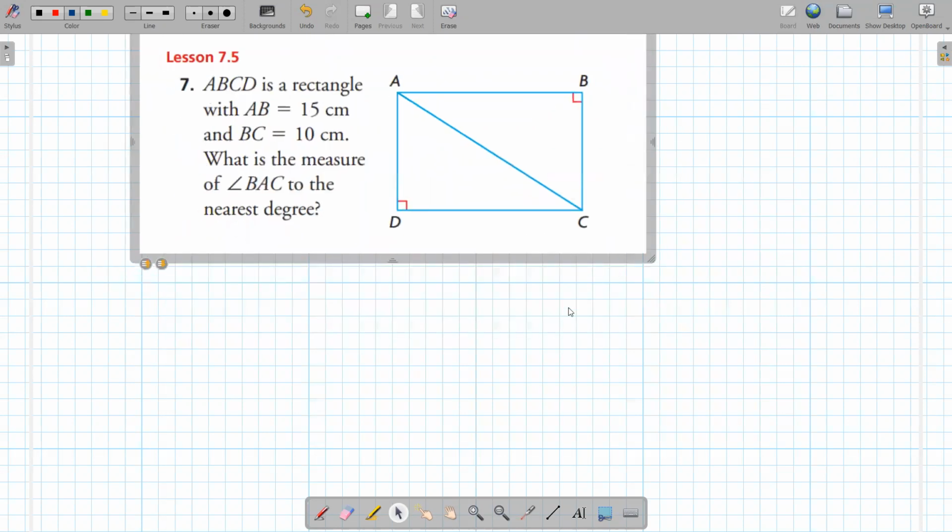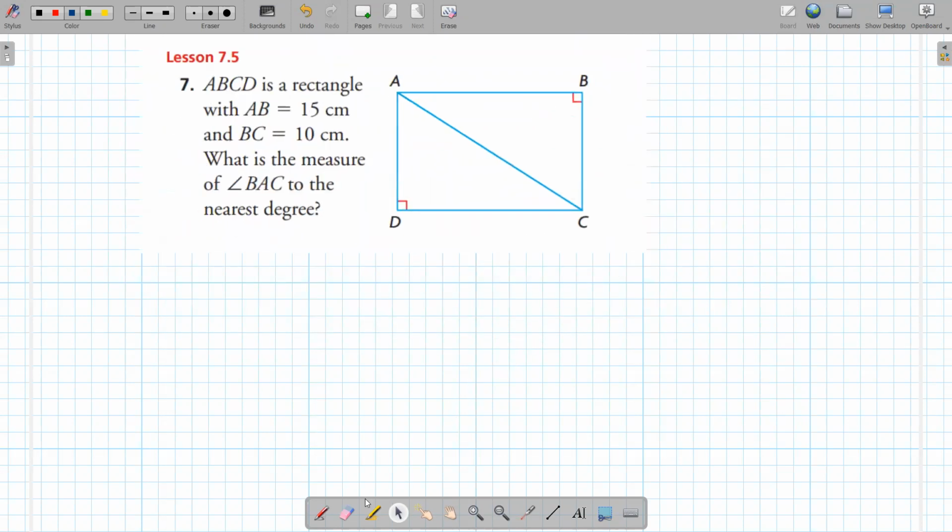ABCD is a rectangle. So what's the property of a rectangle? They all have 90 degrees everywhere, at least in the corners. And this one's saying if AB is 15, well, if this is 15, then this must be 15. And BC is 10, so this must be 10. They want the angle BAC, so they want this angle.